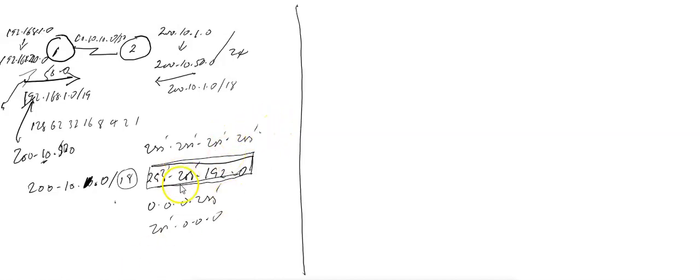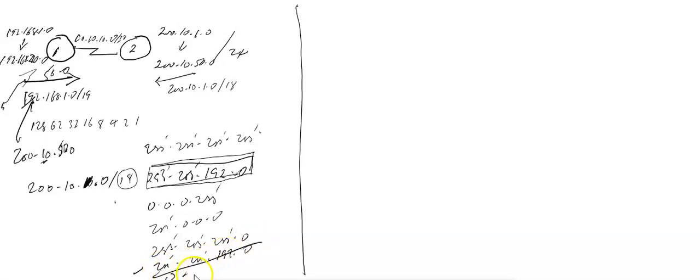So for me to determine the wildcard mask from this given summary mask, I'm going to deduct the summary mask from the host mask. So let's do that here: 255.255.255.255 minus 255.255.192.0. Okay, so that gives us what?